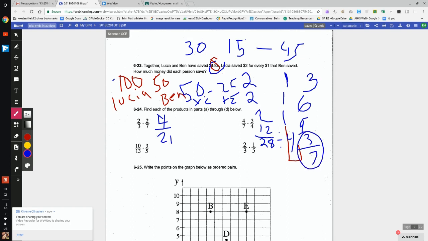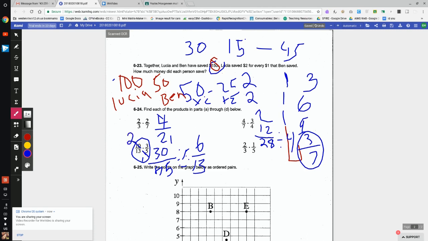Again, what you do on top, you do to the bottom. Here again, we have 10/13 times 3/5. We would have 30 over, let's see, 5 times 10 is 50, 65. And then again, we can divide these both by 5 and get 6/13. Another way to show you while we're here, we could cut these in half because 5 goes into 10 2 times.